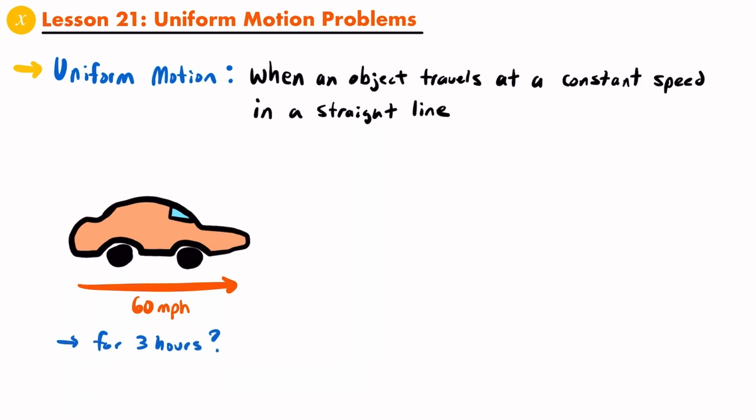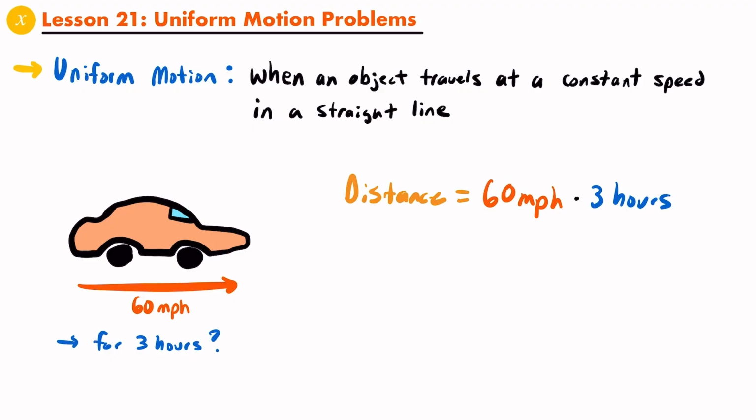All we would have to do is multiply 60 miles per hour by the amount of time, 3 hours. Alright, so the distance that the car travels would be equal to the 60 miles per hour multiplied by the 3 hours. And that should make sense, because if this is a rate of 60 miles per hour, then you can multiply that by the number of hours that the car spends traveling, and that will result in the number of miles that the car would travel in that amount of time.